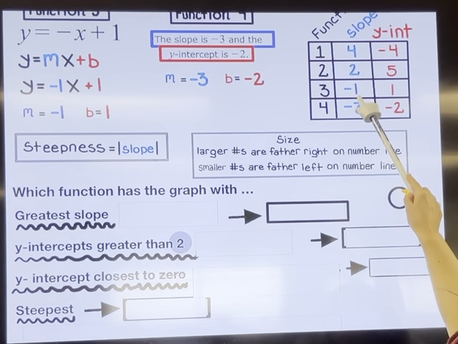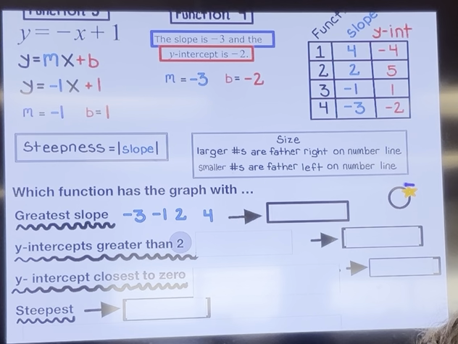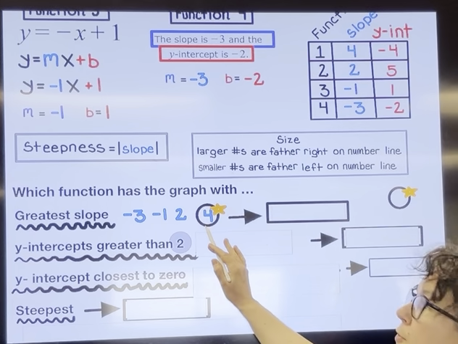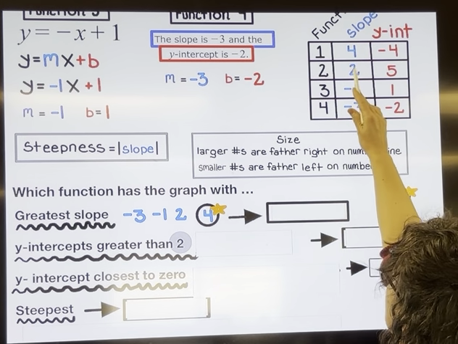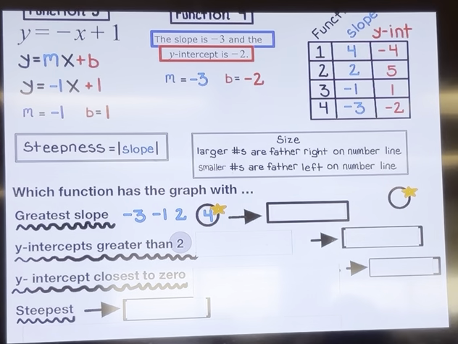So this one right here is my largest slope. So I'm going to grab this guy here, and my largest slope is 4. And so that goes with function number 1. So function 1 is the answer.